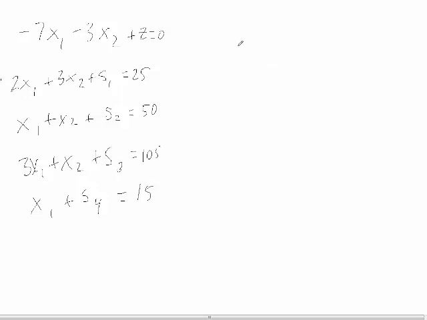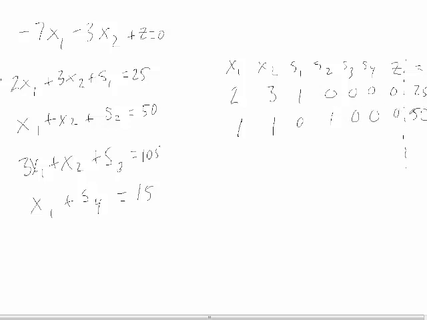For our initial tableau, we've got x1, x2, s1, s2, s3, s4, z, and then here are equals. The first row we've got 2, 3, 1, 0, 0, 0, 0, 25. Then 1, 1, 0, 1, 0, 0, 50.